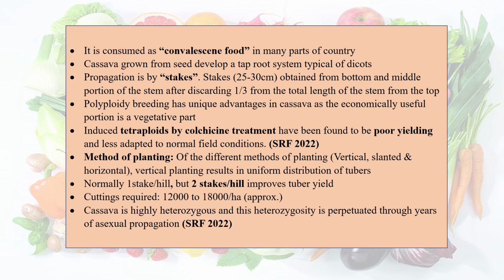It is true. So they gave in this format. In assertion they gave that induced tetraploids by colchicine treatment have been found to be high yielding and less adapted to normal field condition. Next in reason they gave cassava is highly heterozygous and this heterozygosity is perpetuated through years of asexual propagation. So the answer was assertion is false and reason is true.